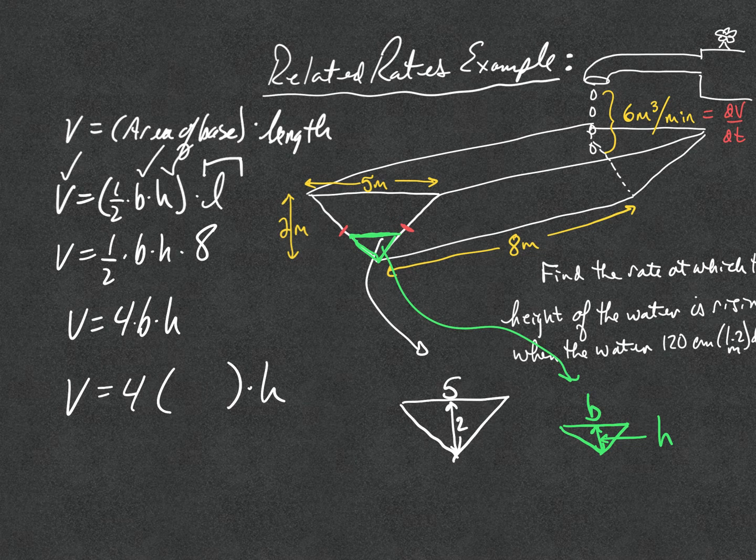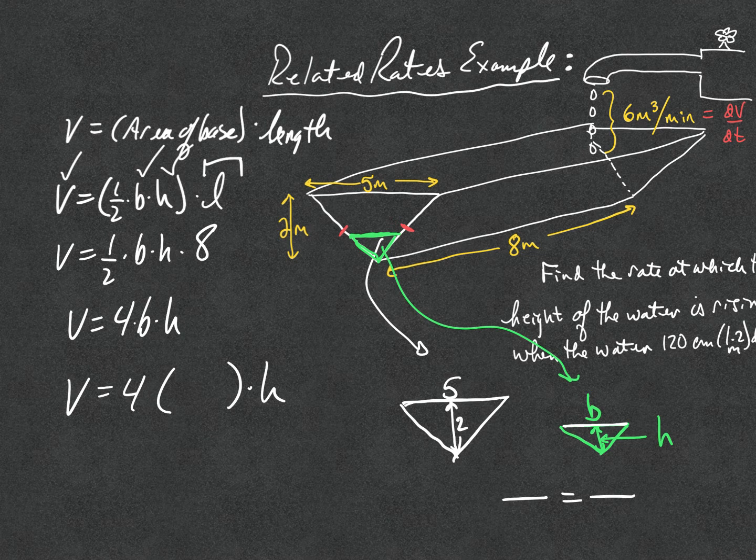And from geometry class, we should remember that those two triangles are going to be similar. They're going to be similar because the top of the tank and the top of the green would be parallel to each other. That makes the 3 angles equal, so the triangles would be similar. And so what you can do with similar triangles is create ratios of corresponding sides.